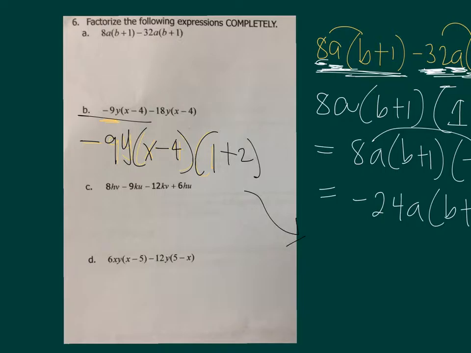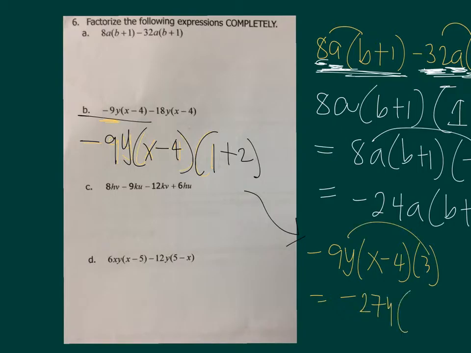So in simplest form this will be negative 9y times x minus 4 times 3, or simply negative 27y times x minus 4. So that is the simplest form. It just so happened that you have numbers here. In other cases, you'll have an expression. But since we have so many common factors, we only have 1 and 2 left for each group.